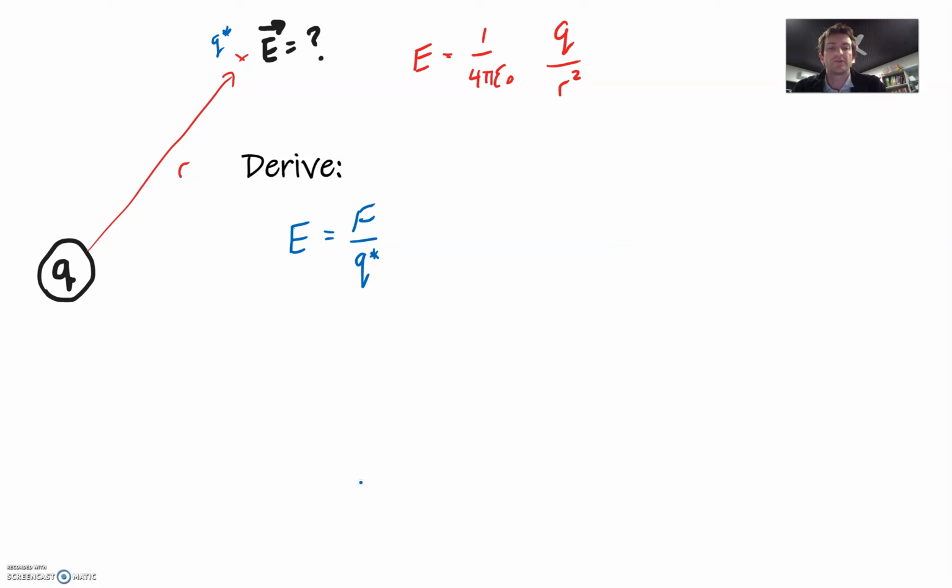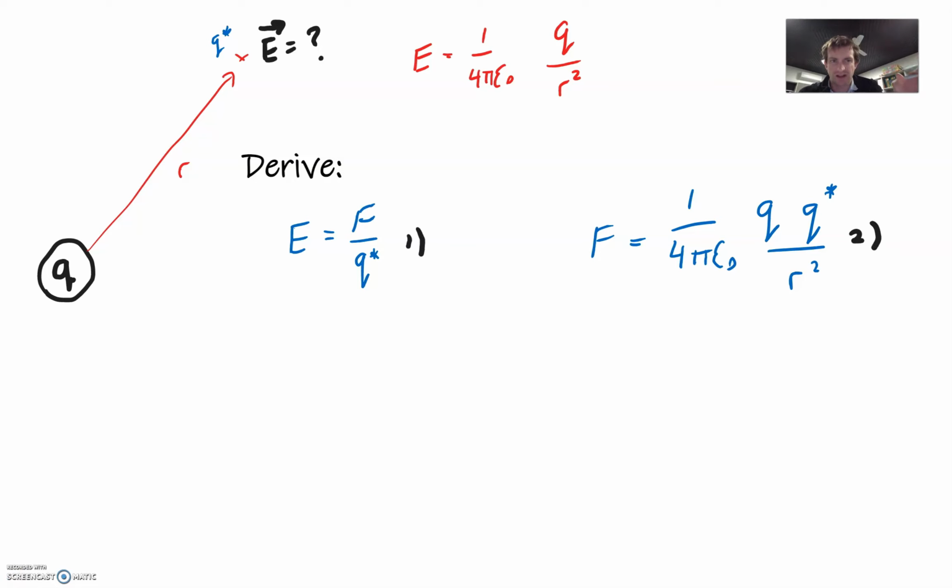So we can use that formula combined with Coulomb's law, which should tell us the force between that pretend charge there and the big charge, charge big Q here. And that would be this formula here, Q and Q star over R squared, like that. And this here is equation number 1, and this here is equation number 2.